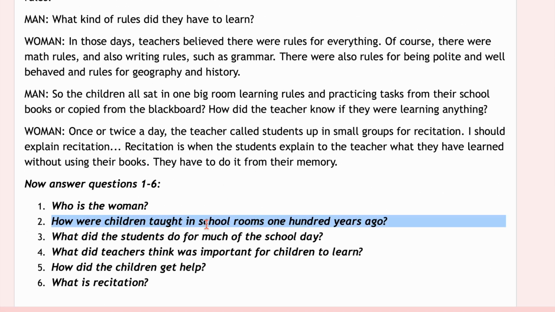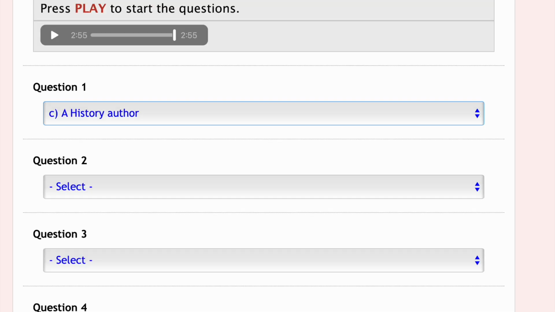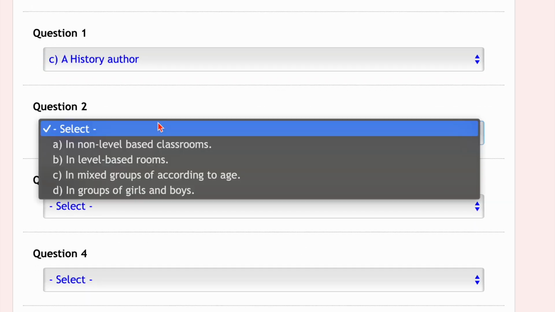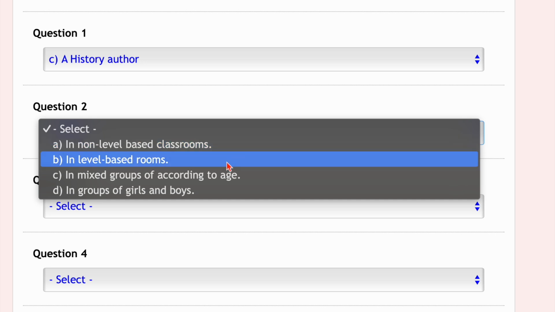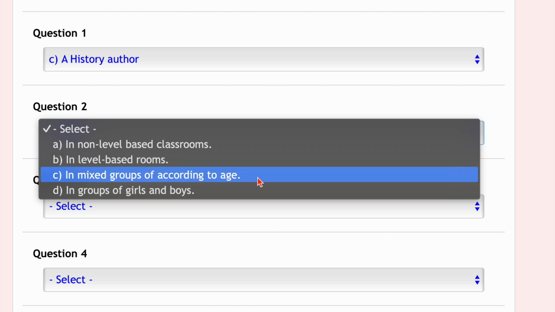How were children taught in schoolrooms 100 years ago? So, how were they taught in those schoolrooms? In non-level based classrooms, in level based classrooms, in mixed groups according to age, in groups of girls and boys.